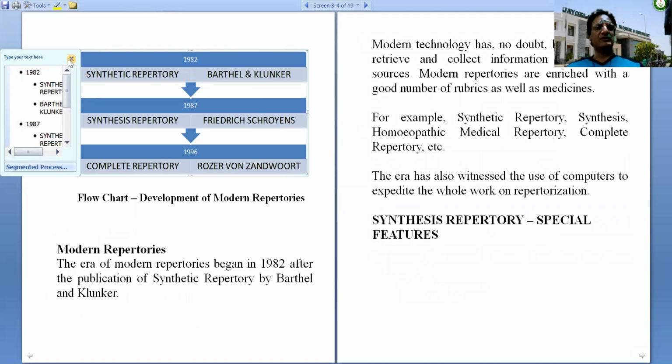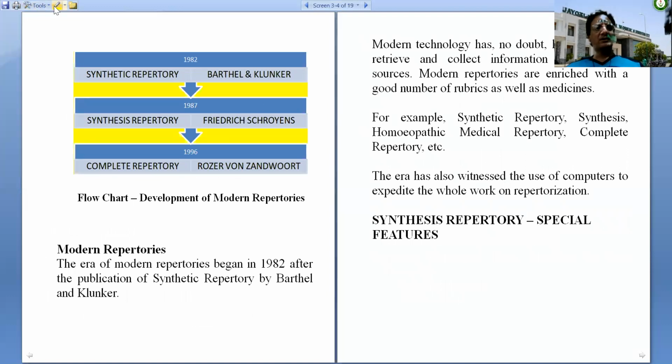As we have already discussed, the era of modern repertories started in 1982, exactly when Barthel and Klenker published the second edition of synthetic repertory.